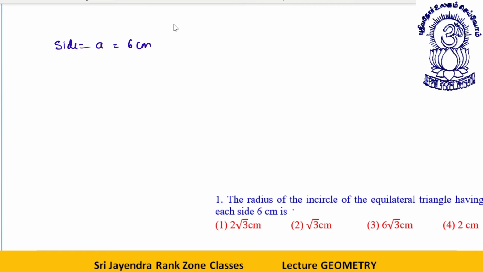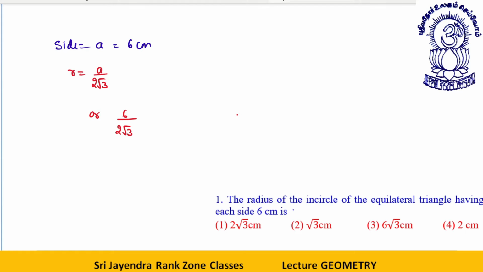Basically I prefer the color red, so let's take it red. Diagrams I'll draw in blue. Side A is equal to 6 centimeter. What is the radius? Small r is A by 2 root 3, so that becomes 6 upon 2 root 3.